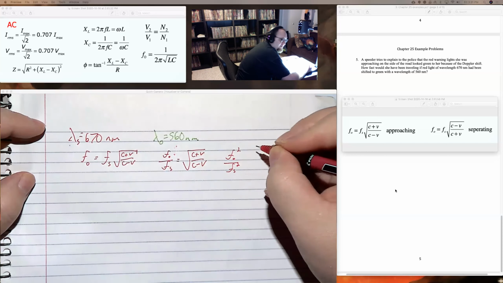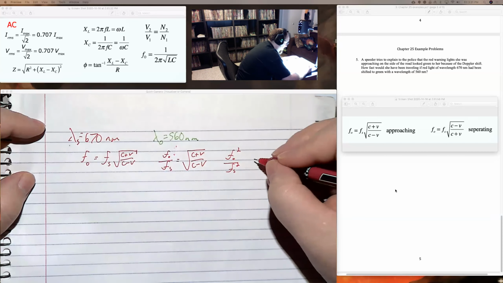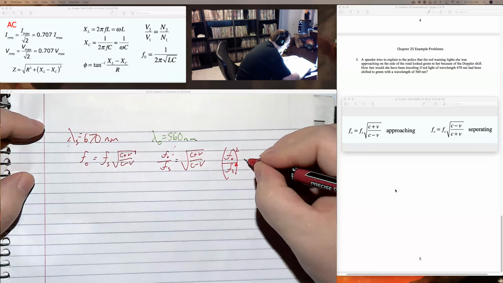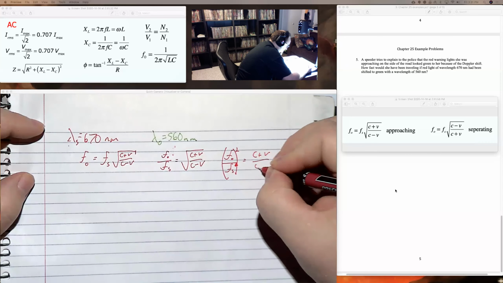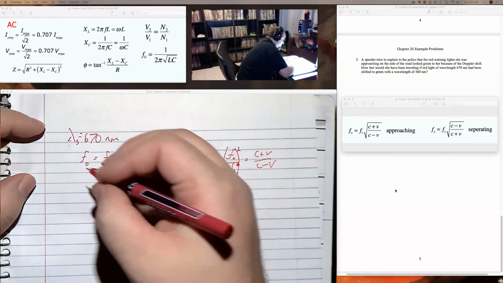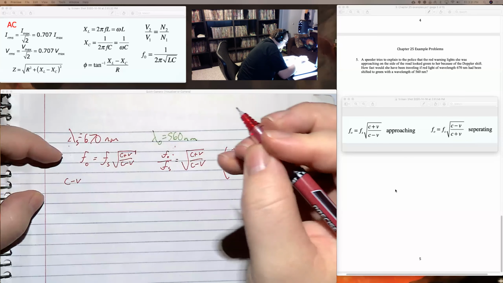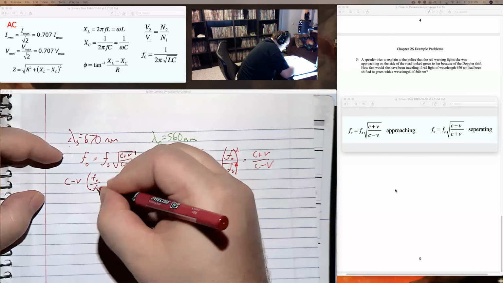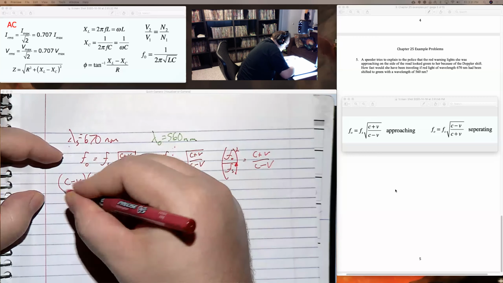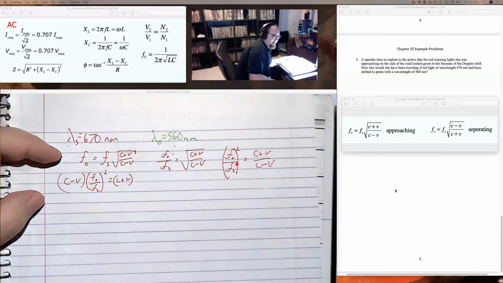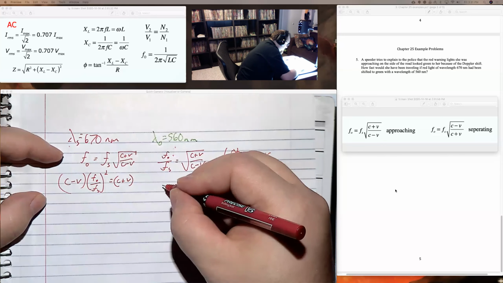I'm going to factor out my squared. I don't want to deal with this fraction here, so I'm going to multiply both sides by c minus v. I'm then going to factor this right side out.